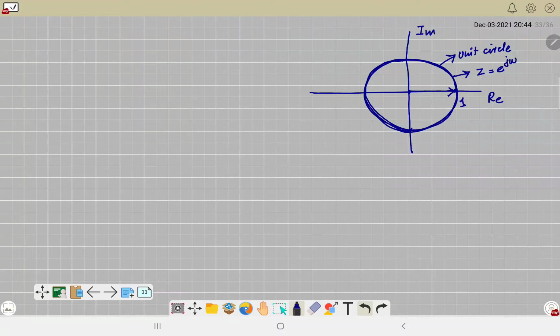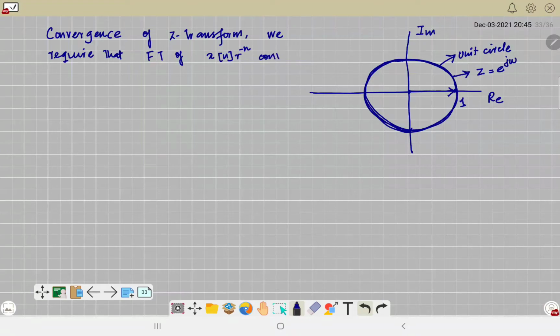Now, just like with the Laplace transform, we can say that as far as convergence is concerned, because this is an important property we are interested in, for convergence of the Z transform, we require that the Fourier transform of x of n r raised to the power minus n should converge.